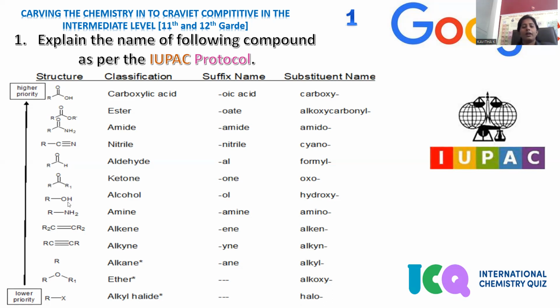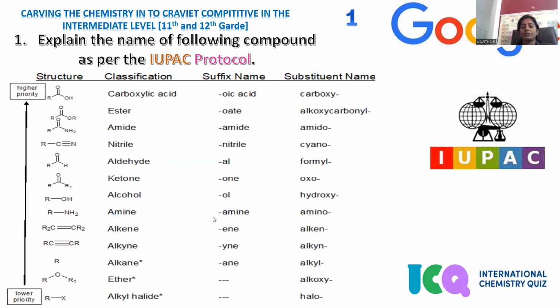ROH is called alcohol. OH, if present, is called hydroxy. Alcohol will be the name as per IUPAC, and ol will be the suffix there. If OH is the substituent, you have to mention hydroxy, right? RNH2 is called amine, so we have to mention alkanamine.